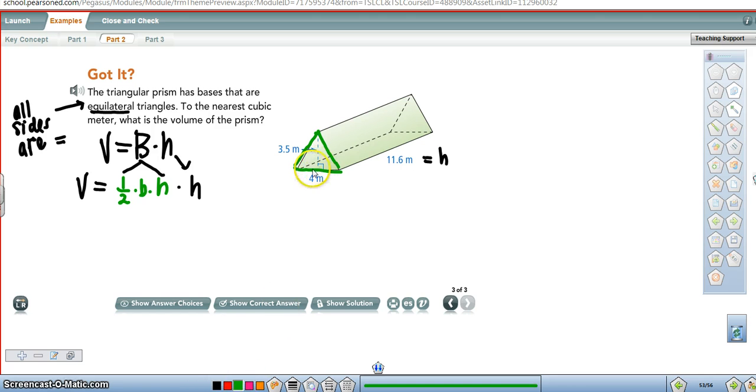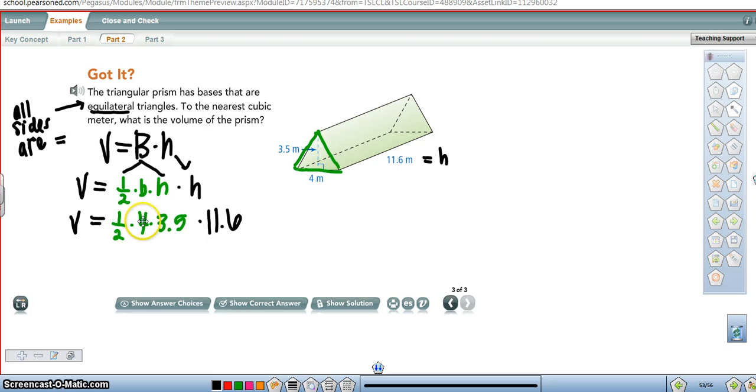Okay, looking at our triangle, its base is 4 and its height is 3.5. After we find the area of just the triangle base, we also have to multiply by the height of the whole prism. Our prism is laying down. The height is always the distance between your two bases. So our height would be 11.6 for the whole 3D shape.